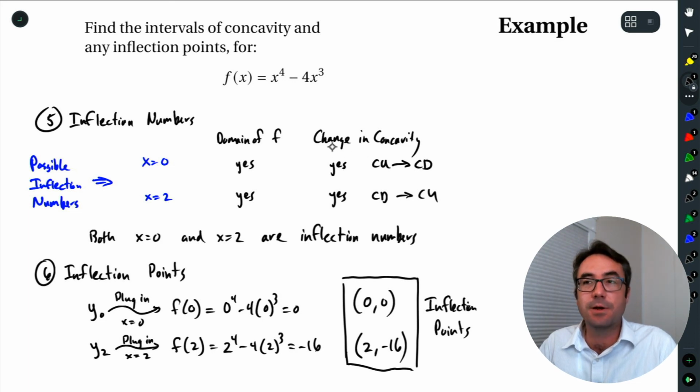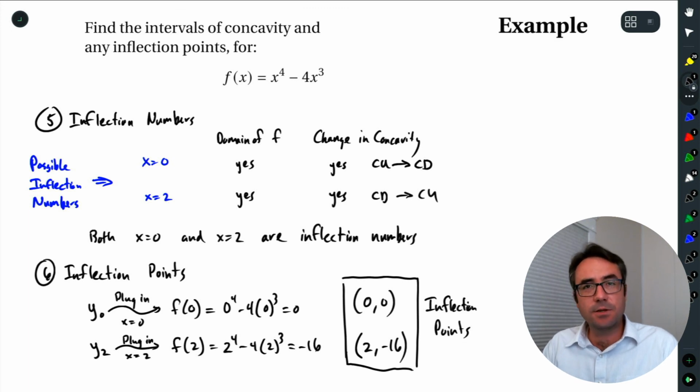So that was the other main requirement here. For an inflection point, there has to be a change in the shape, the change in the concavity. So both of these x values, 0 and 2, were inflection numbers. So then to actually find the point on our graph, we're just finding the y values and then writing them as a point here.